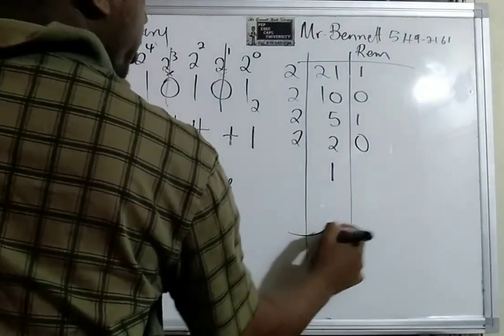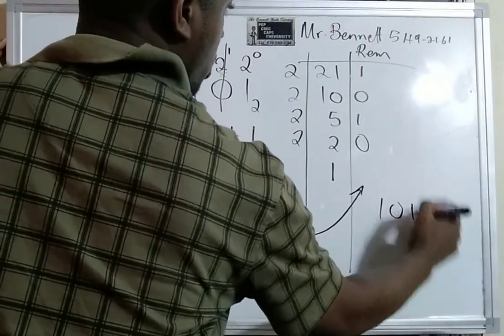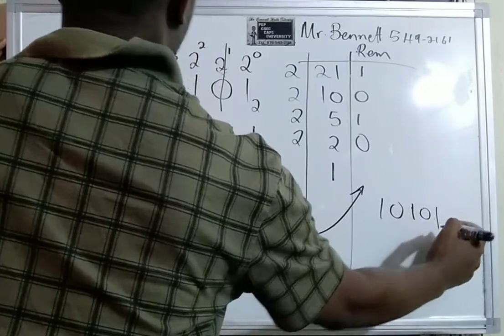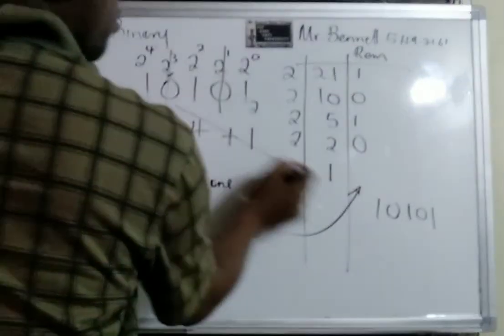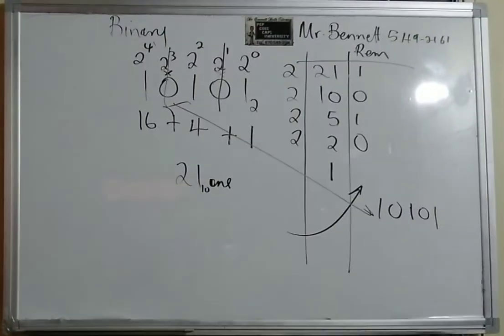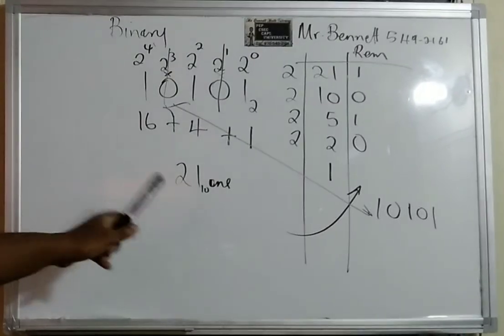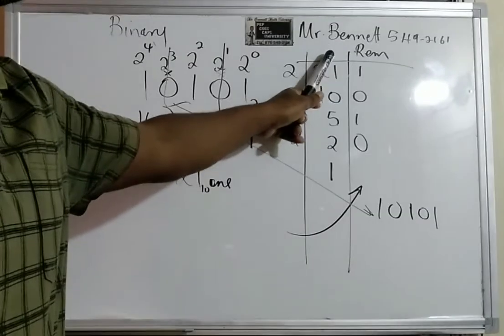And remember, we read from this, so it will be 1 0 1 0 1. Same thing as this. So that's how we convert from base. This is base 2 to base 10, and this is base 10 to base 2. So let's put in the base.